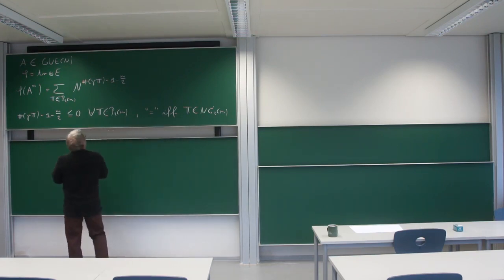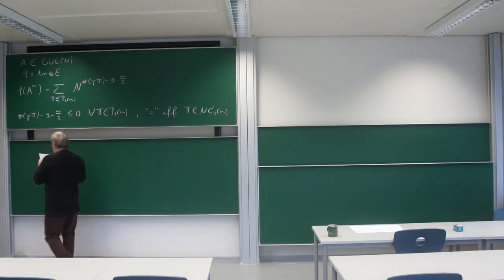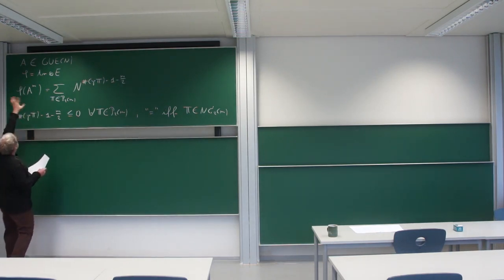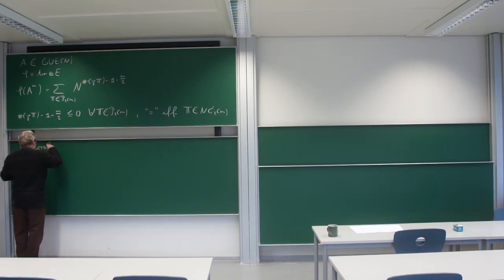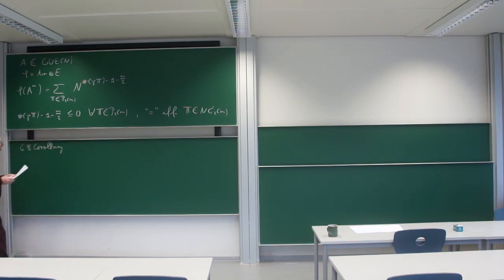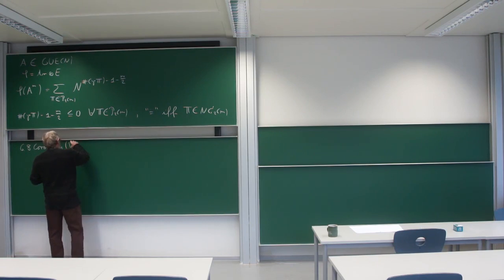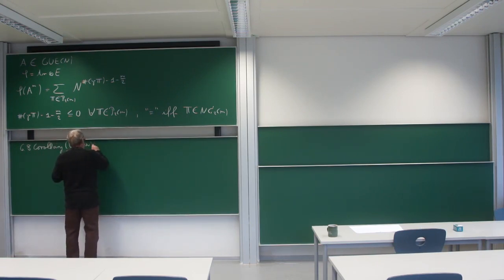We record this as a corollary of the theorem which we had before and of this observation. This corollary is the most basic theorem in random matrix theory, and it was done by Wigner. So this is usually called the Wigner semicircle law.